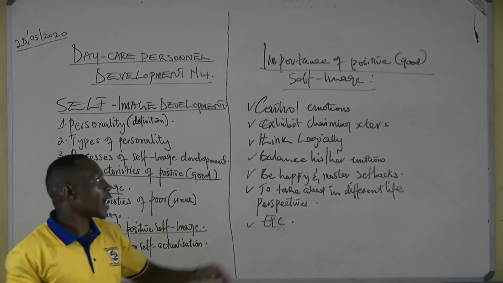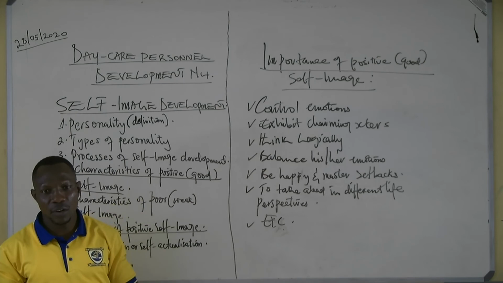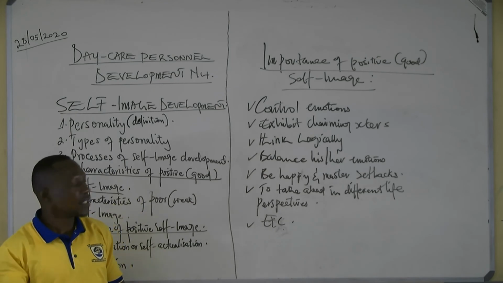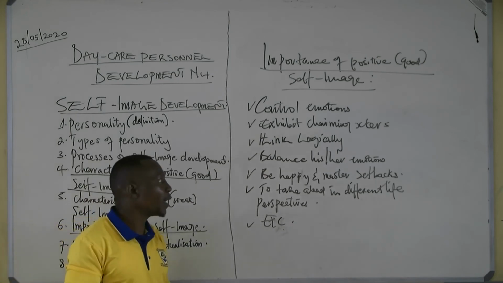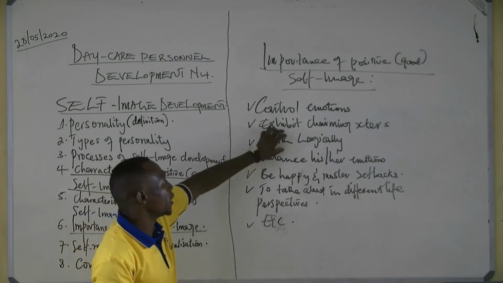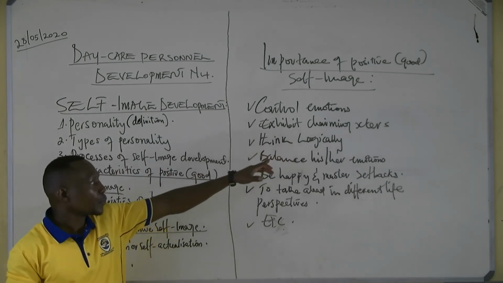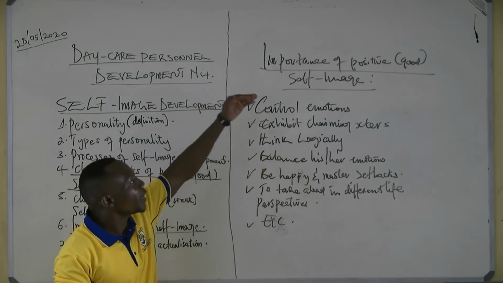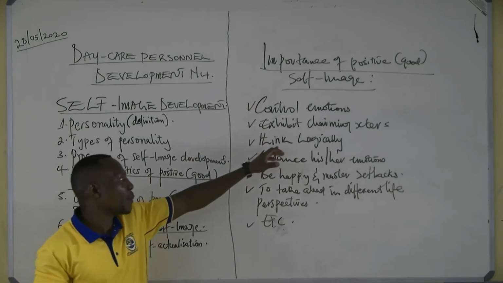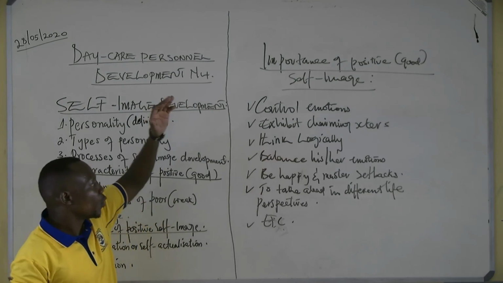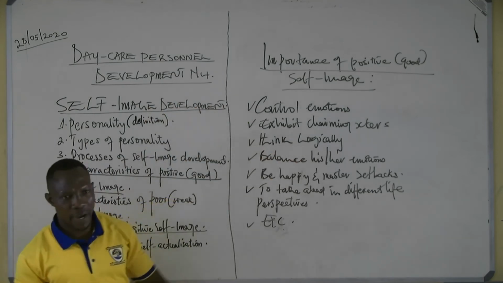Exhibiting charming characters involves this person always putting a smile on whoever is around him by always recognizing the rights, feelings, and abilities of the people around him, to make them happy and also to work as a team.